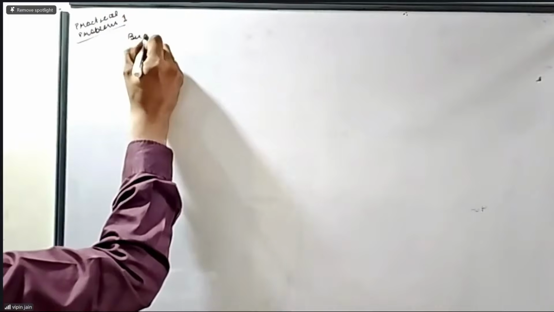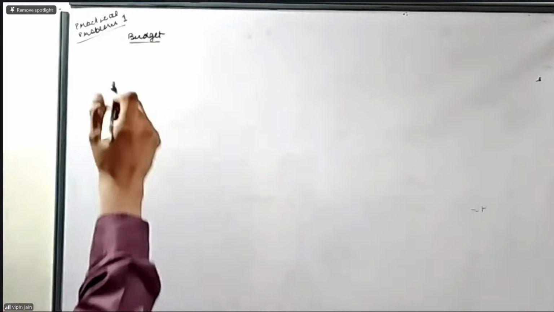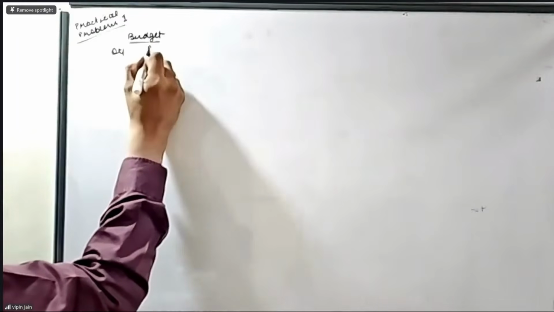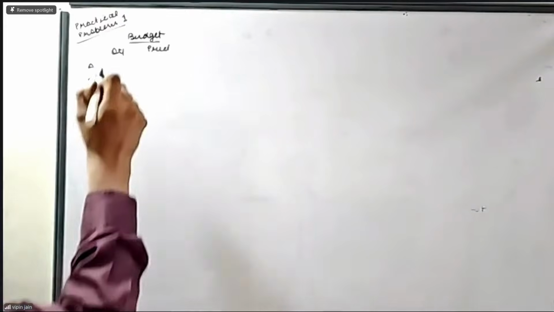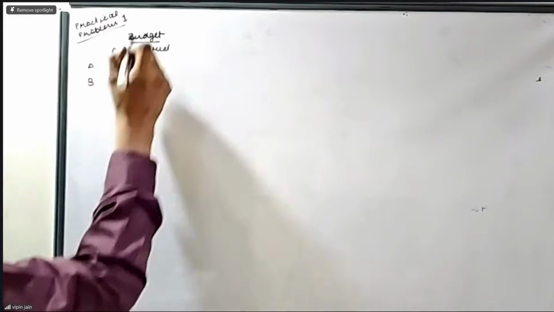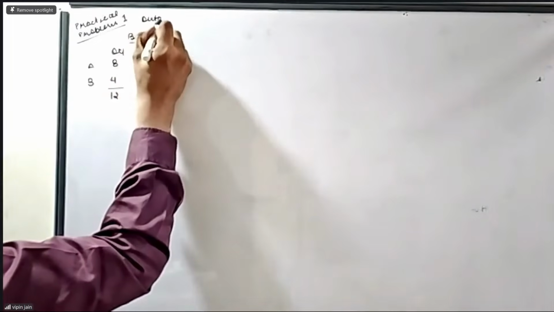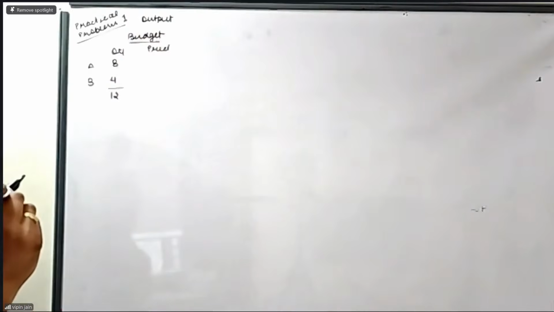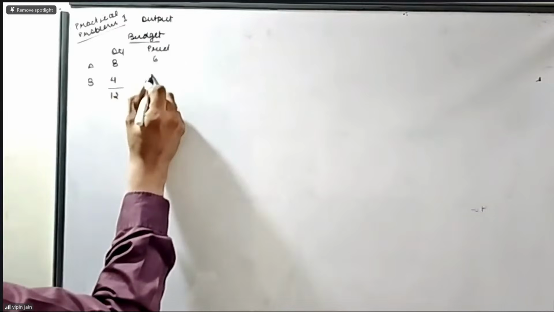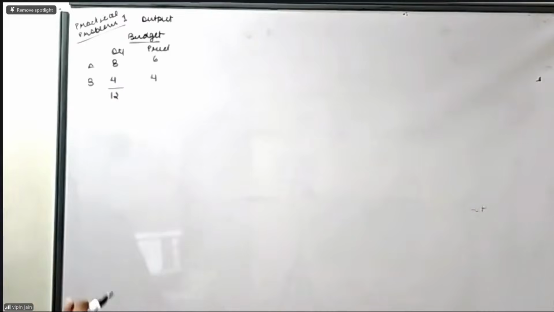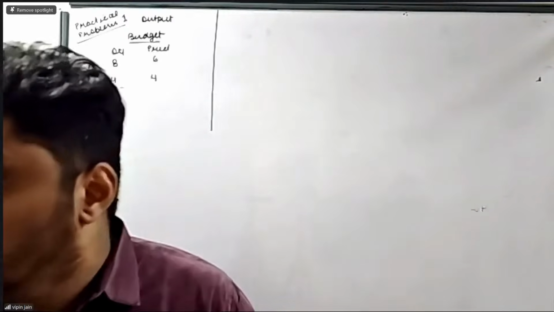So budgeted data is given: quantity, price, A and B, 8 and 4. So total inputs are 12. Output is how much? Budgeted output is 10 kg, sir.